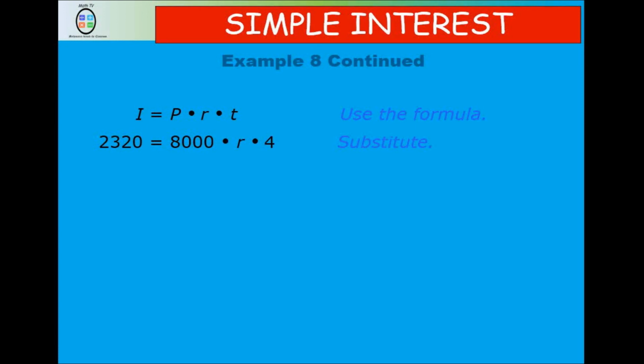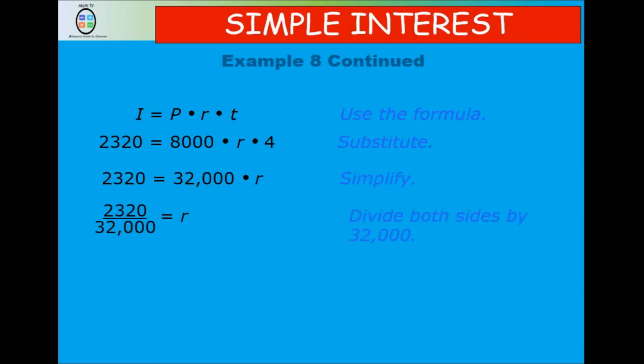So now that the interest is 2,320, the principal is 8,000, the time is 4 years, we just don't know R. Multiply 8,000 times 4 to get 32,000. Then we divide both sides by 32,000. I know I didn't show the cancellation, that's not so much important, but really and truly all we did, divide both sides by 32,000, that cancel each other, and so R is 2320 over 32,000, which works out to be 0.0725.